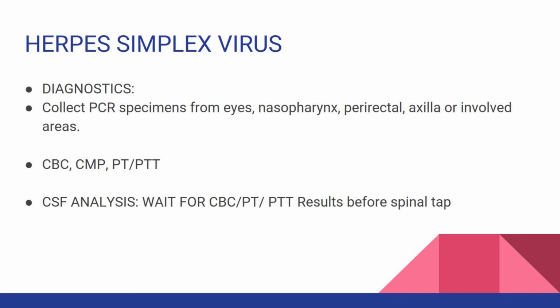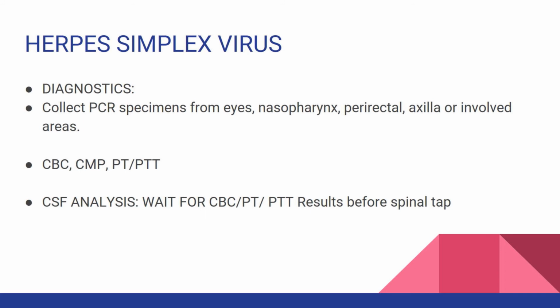Now, how do we diagnose herpes in terms of laboratory workup? We have to collect PCR specimens from the eyes, nasopharynx, perirectal area, axilla, or the areas involved in the infection. As I mentioned earlier, the CMP will be helpful because we will be able to detect elevated liver enzymes, and in some cases there will be prolonged PT and PTT.